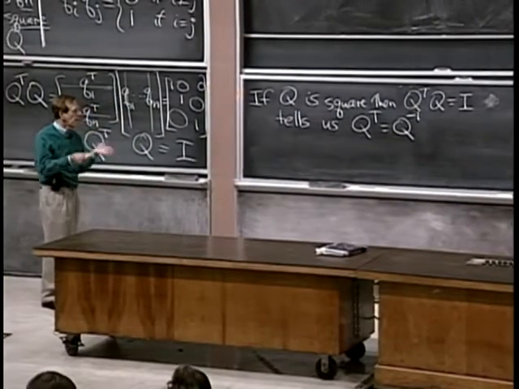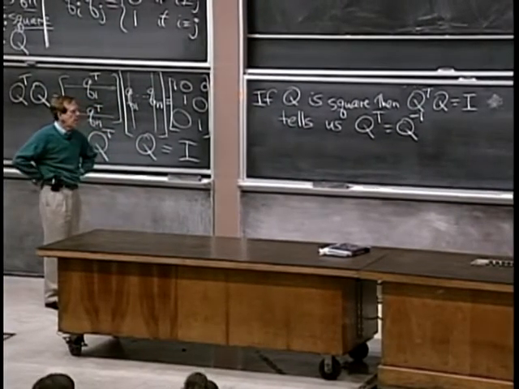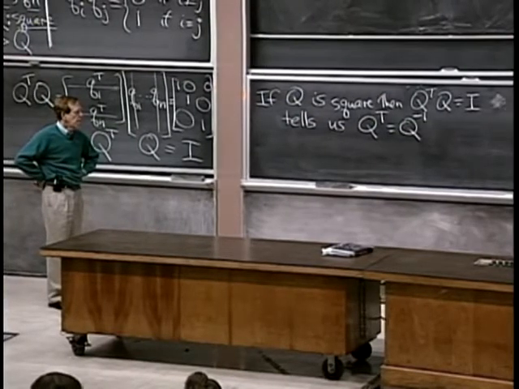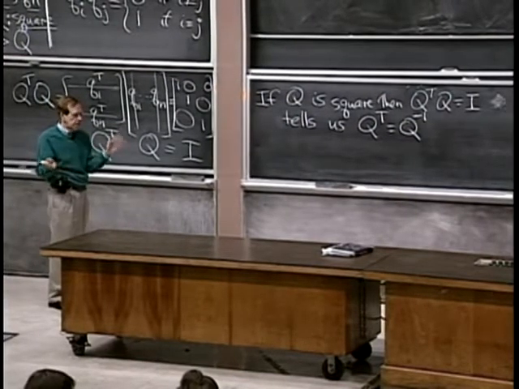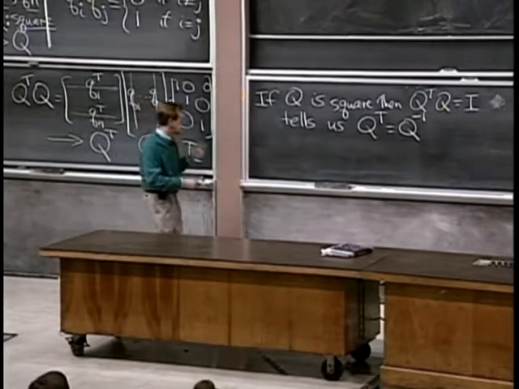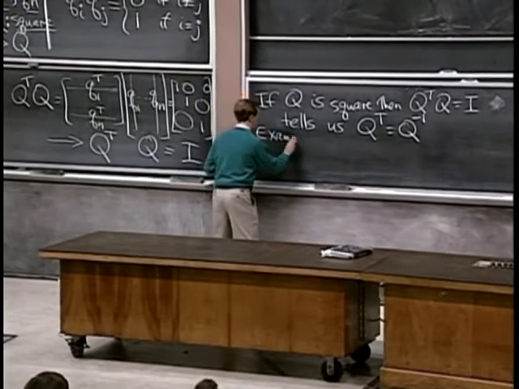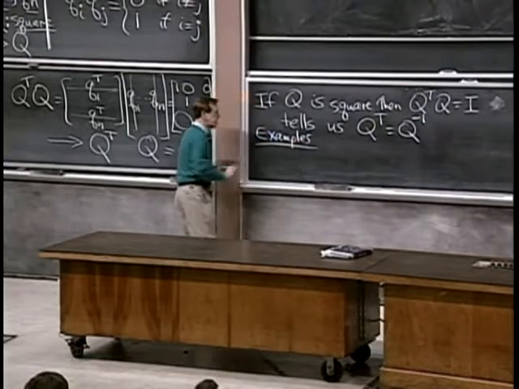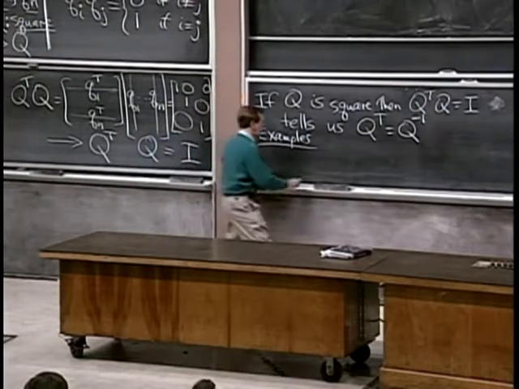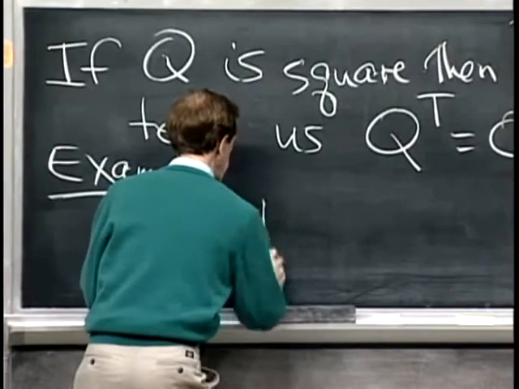I need to write some examples down. Let's do some examples. Any permutation matrix. Let me take just some random permutation matrix.